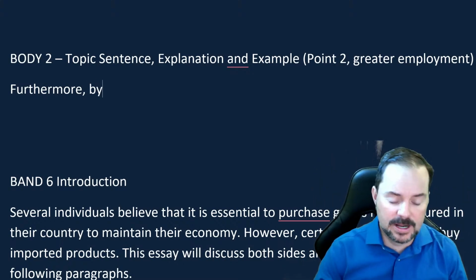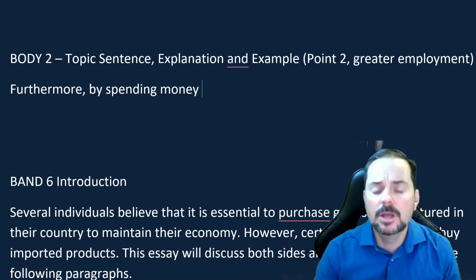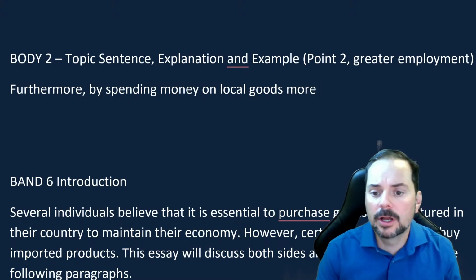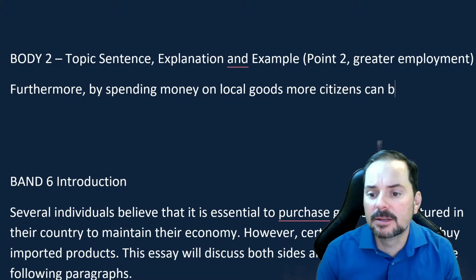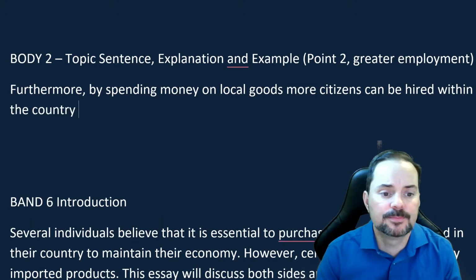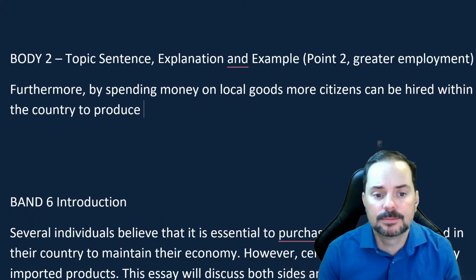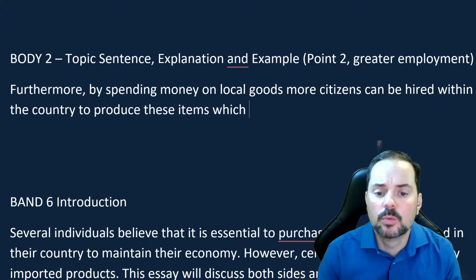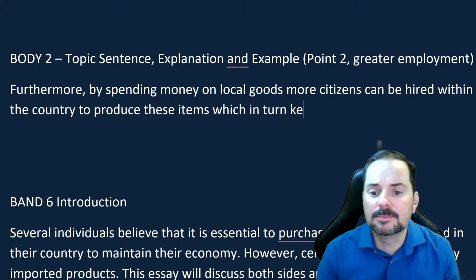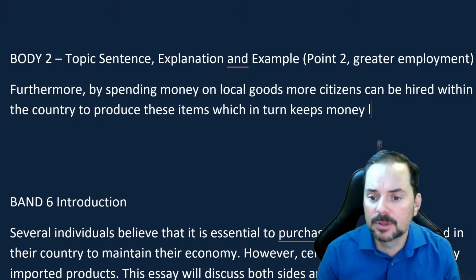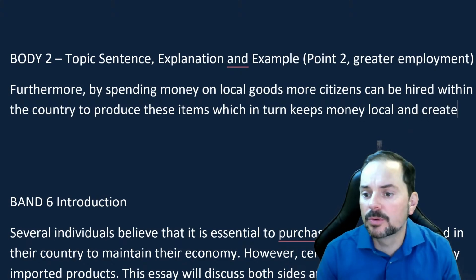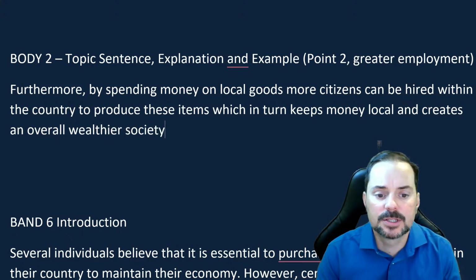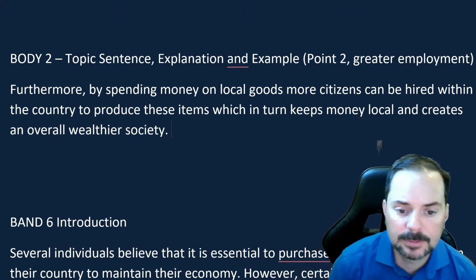So furthermore, by spending money on local goods, more citizens can be hired within the country to produce these items, which in turn keeps money local and creates an overall wealthier society. Explanation.